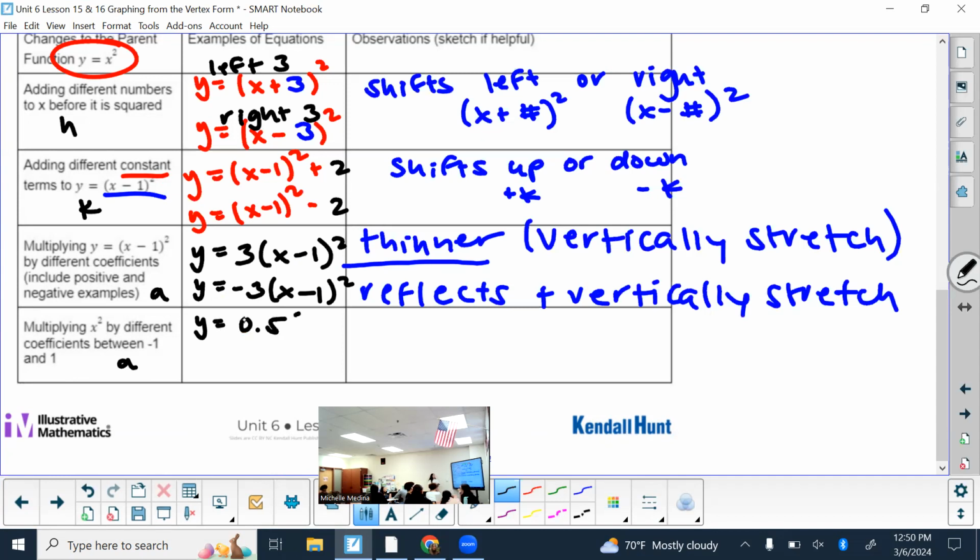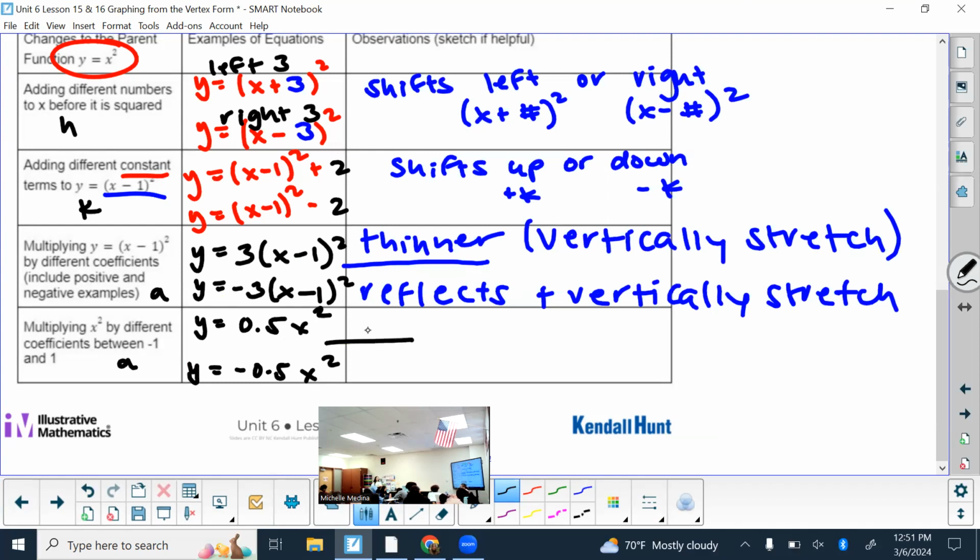Okay, 0.5. Let's try that. And let's do it by x squared. They didn't specify that we have to do it by the other anymore. So we'll type in 0.5x squared, and let's also see when it's negative, how that changes. But as long as it was between -1 and 1, and not 0, because we know multiplying it by 0 would just make the whole thing 0, we'll see how that changes it.